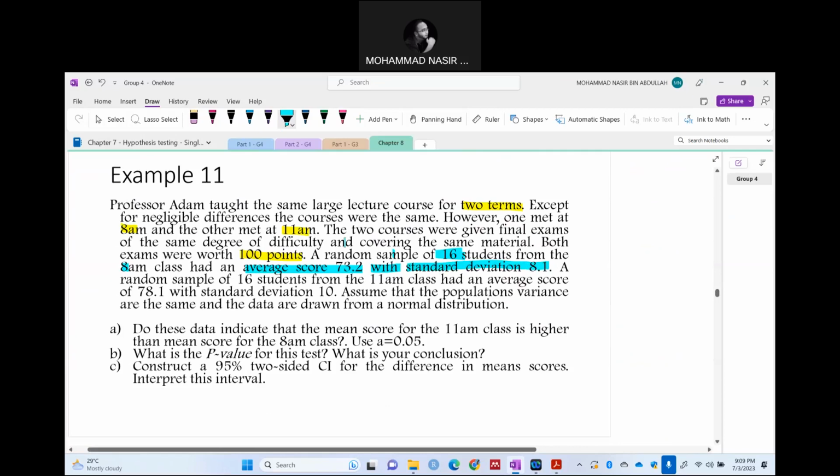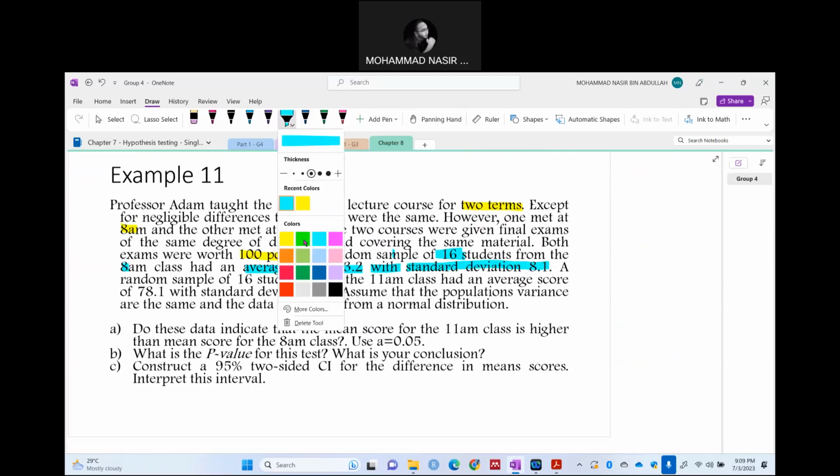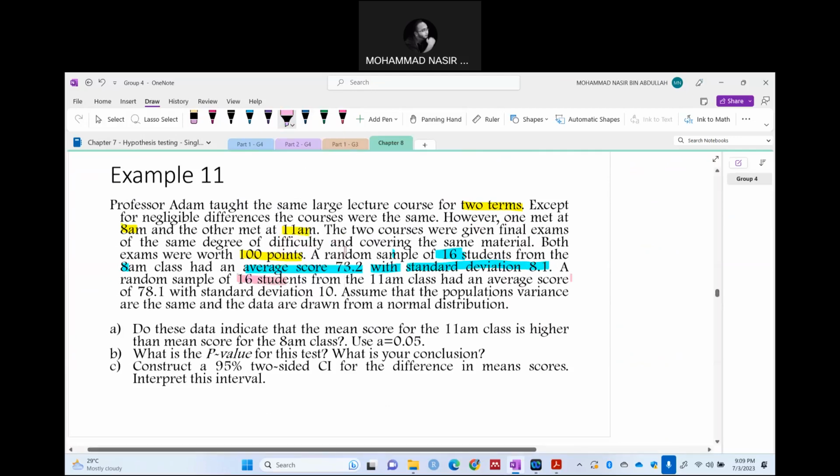So if you notice, the standard deviation is calculated from 16 students. Another group, a random sample of 16 students from the 11 a.m. class had an average score of 78.1 with standard deviation 10.